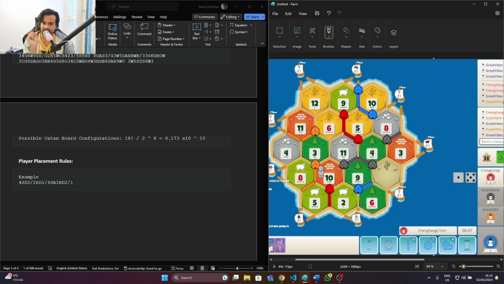So we have two kinds of ranks: vertical edges and tilted edges. Settlements will always be touching at least some tilted edge. Every settlement is going to have a tilted edge, and every settlement might or might not have a vertical edge.